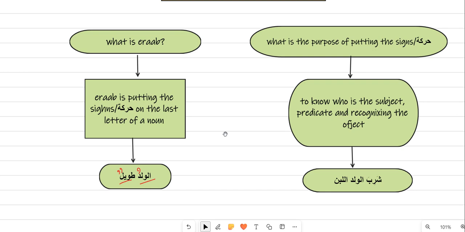So Arab is basically putting the haraka on the last letter. For example, you have walad. So what is the last letter here? Dal. And you will check the haraka on the last letter. And here the last letter is lam. And you are going to check the haraka of the last letter. And we don't have to look for the other harakas.